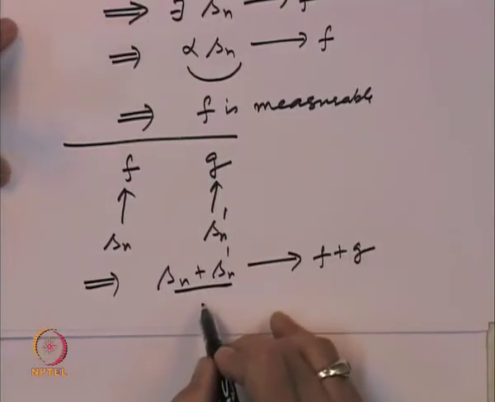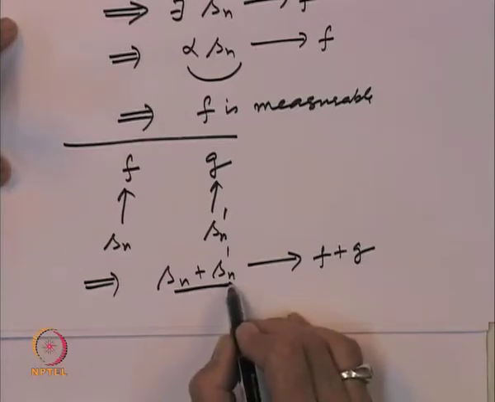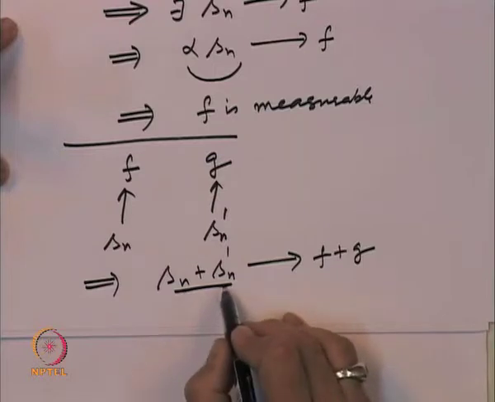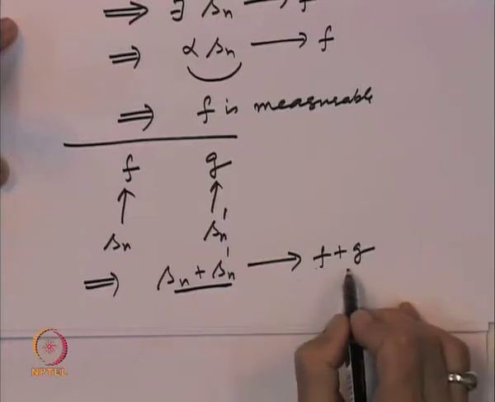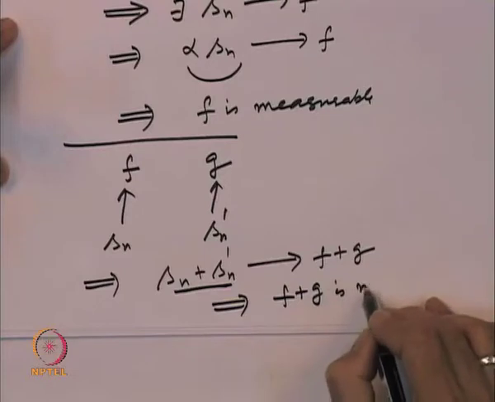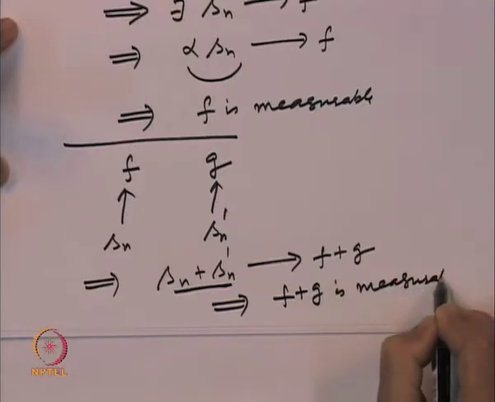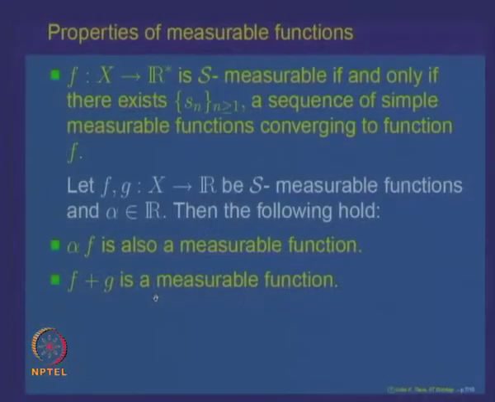For every n, this is a sum of simple measurable functions, so it is again a simple measurable function. So, we got a sequence of simple measurable functions which converges to f plus g, which implies that f plus g is measurable. So, we have proved the next step, namely if f and g are measurable, then f plus g is also measurable.